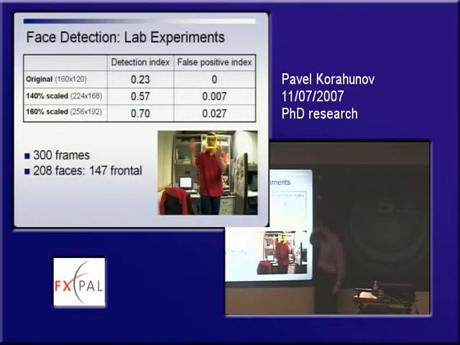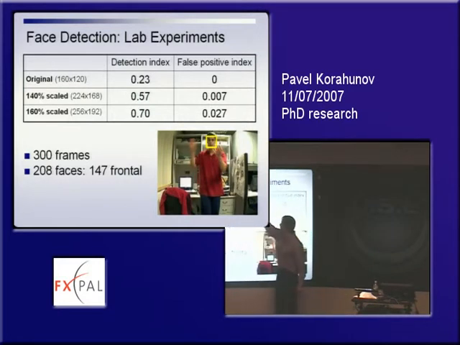And we did this lab experiment also to see whether the idea can be supported by a more real experiment. So basically, we shot a video of around 300 frames with faces moving near the camera and out of the camera. So basically, small faces, big faces in the video, and a lot of motion and things like that. The original video was shot at 160 by 120 size.